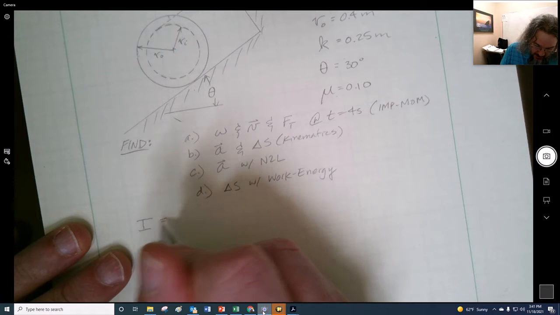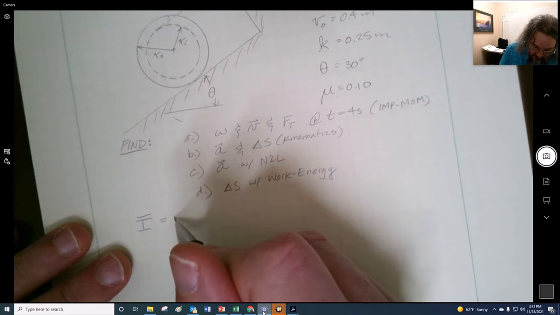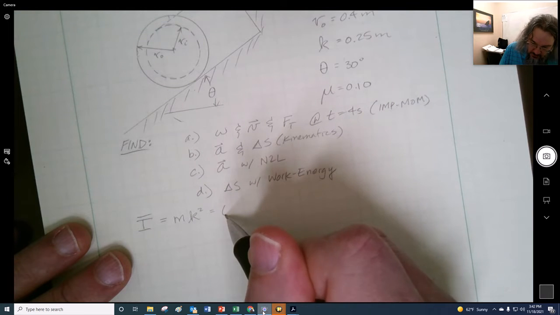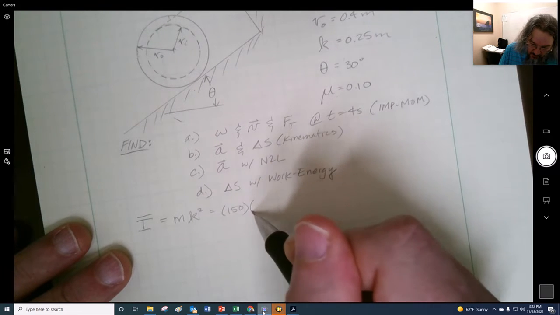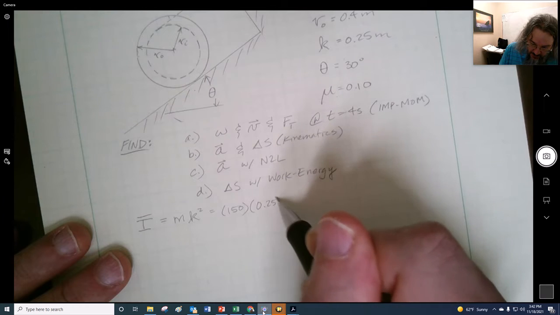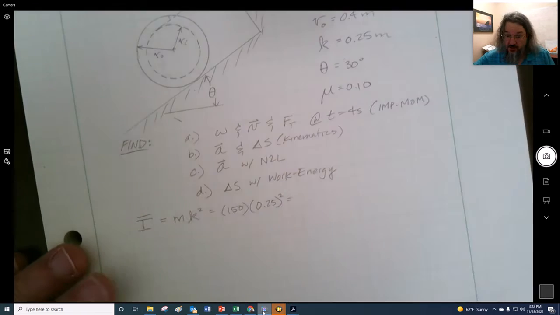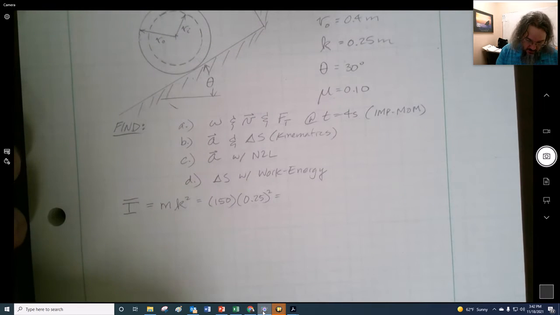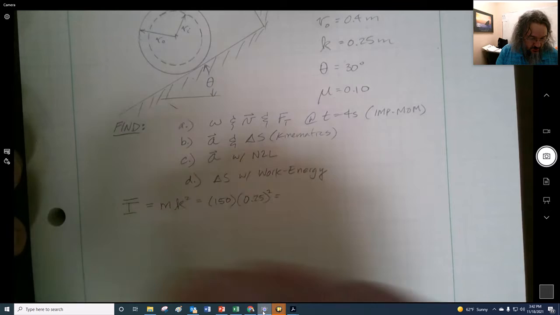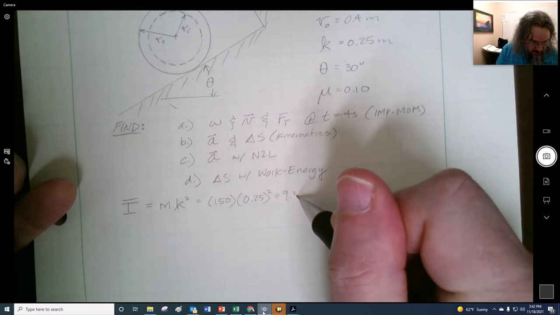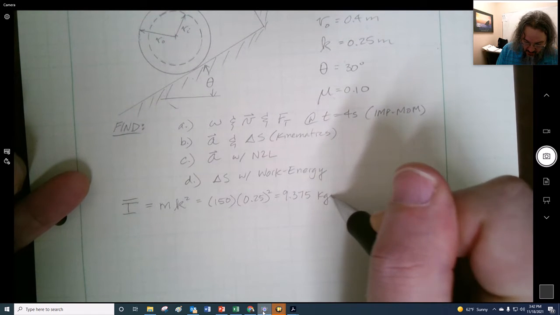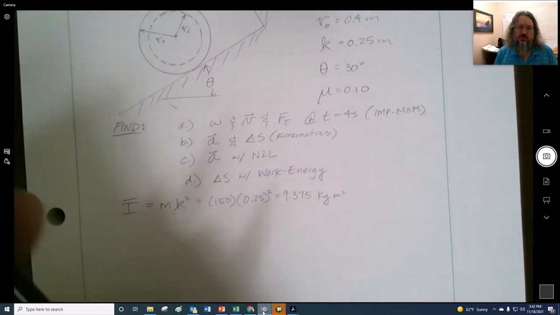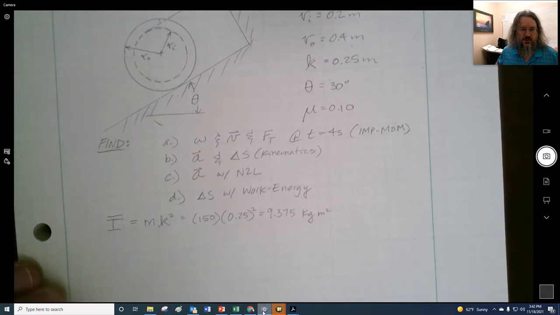So I about the center is going to be mass times the radius of gyration squared. We've got 150, radius of gyration of 0.25 squared, and with my handy Hewlett-Packard calculator, we get 9.375 kilogram meter squared.